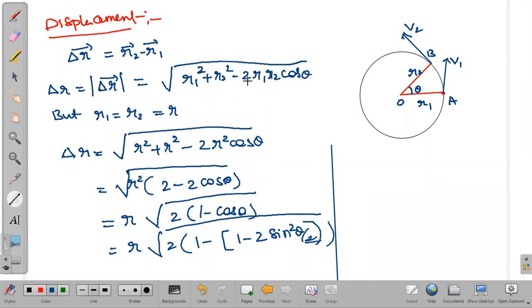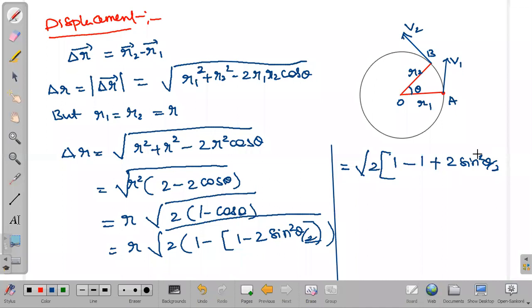So in the 2, if we multiply inside, what do we get? Delta r equals, on the left side delta r will be there, square root of 2 into this. Internally I will be multiplying 1 minus, minus 1 minus into minus, plus 2 sine square theta by 2.